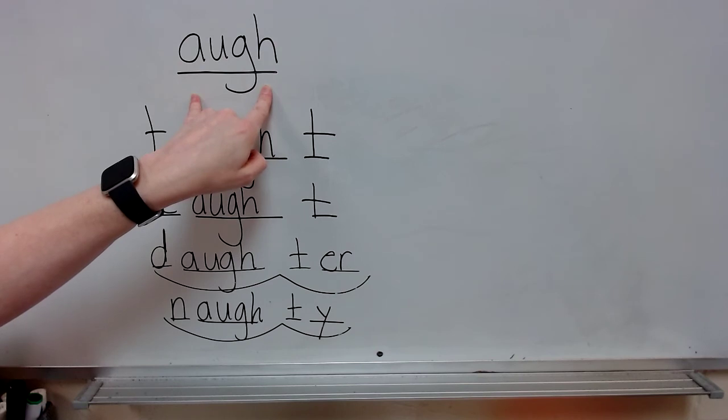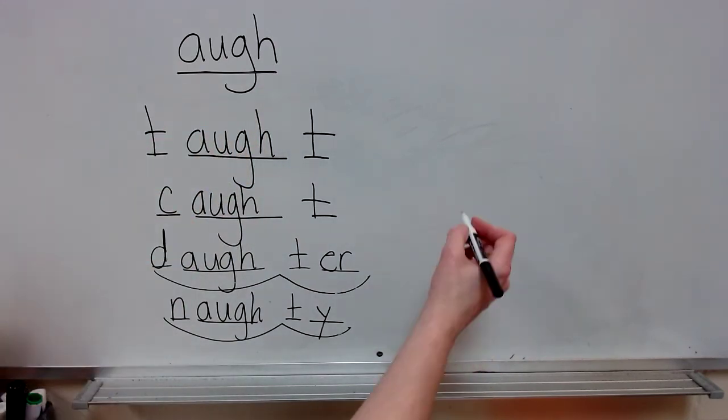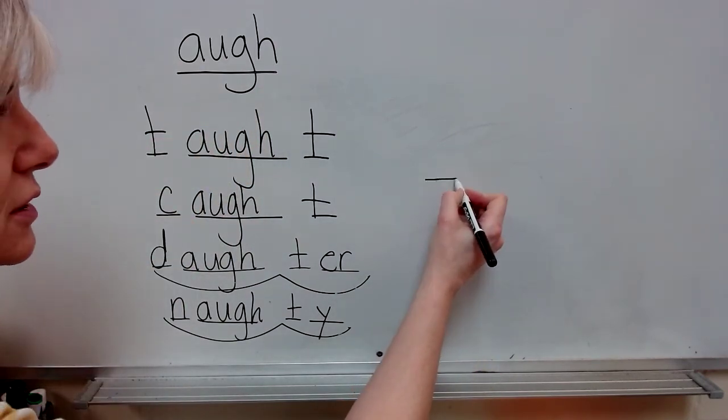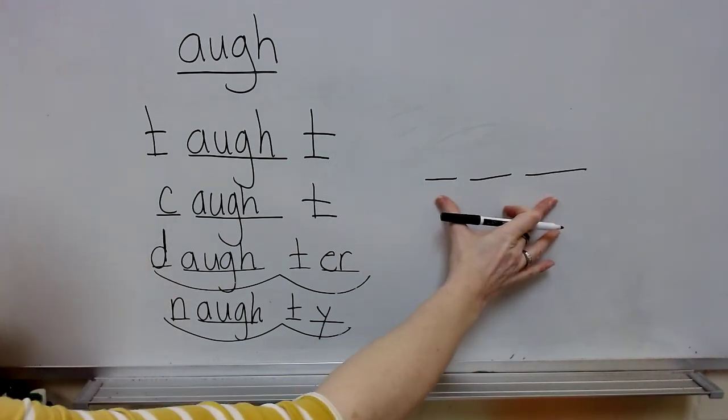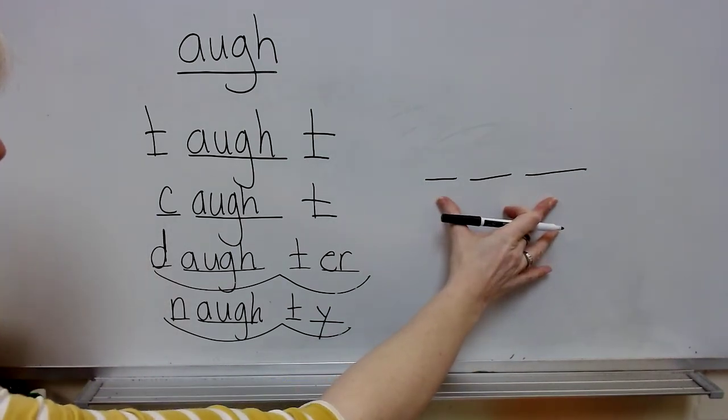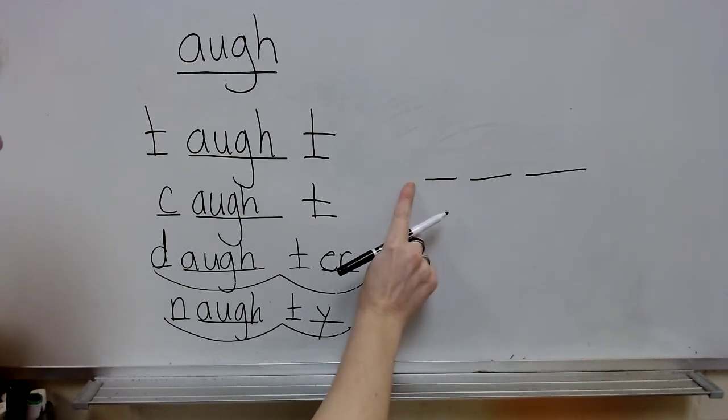Now we're going to spell a word that has A-U-G-H, but it's an exception to the aw sound. And that word is laugh. So stretch laugh. Laugh. We hear three sounds in the word laugh. If you know how to write laugh, give it a try.